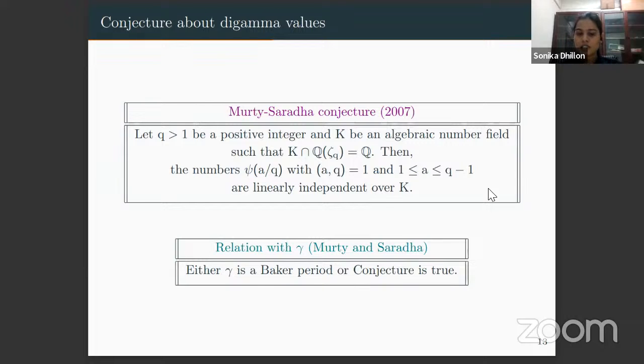But this doesn't seem possible because we already have a conjecture by Kontsevich and Zagier where they conjectured that gamma is not a period. So it can't be a Baker period. So that is an observation from the Murty-Saradha conjecture: either this conjecture is true or gamma is a Baker period.